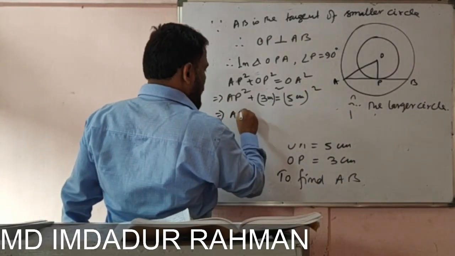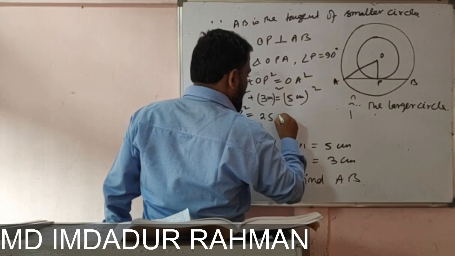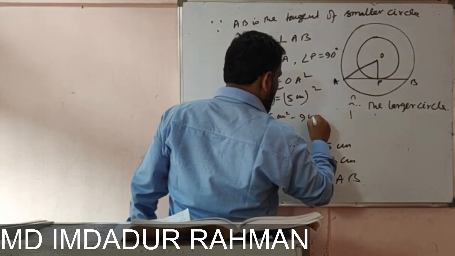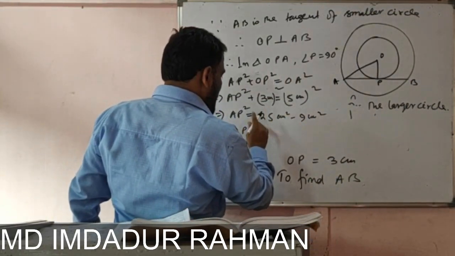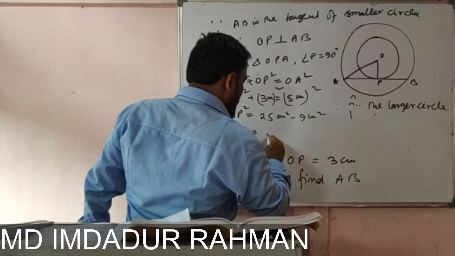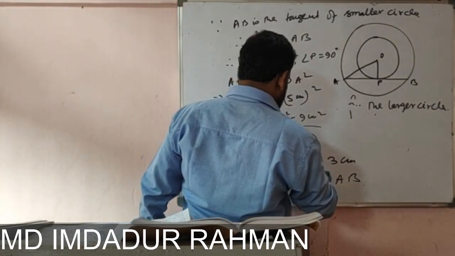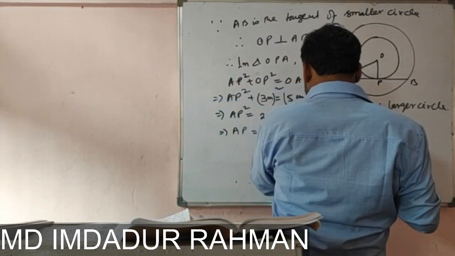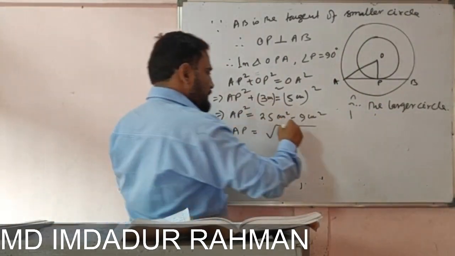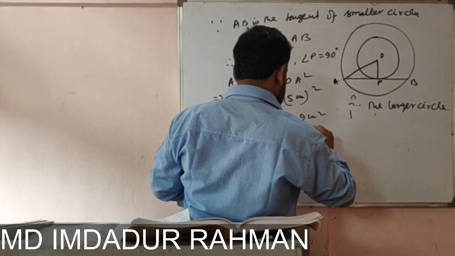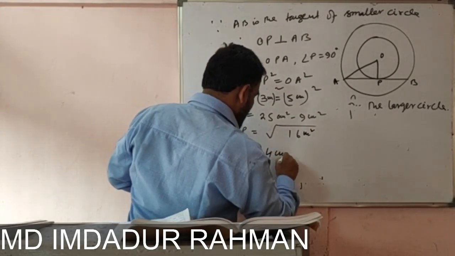Therefore AP square is equal to 25 cm squared minus 9 cm squared, so AP is equal to root over 16 cm squared. Therefore AP is equal to 4 cm.